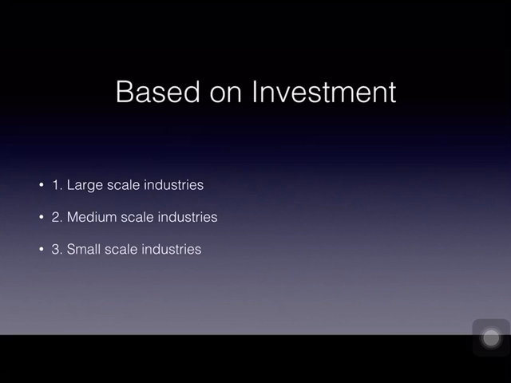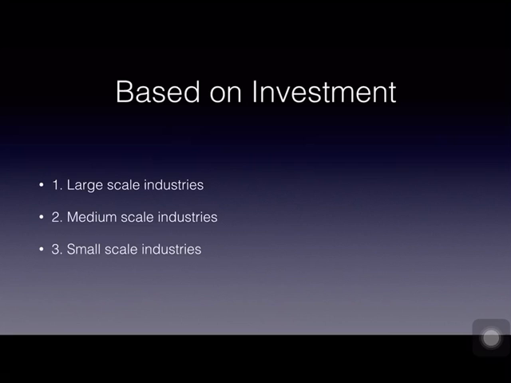And based on investment, there are three types of industries. First one is large scale industries, medium scale industries, small scale industries. Actually, the amount of investment is fixed by the government. And within that limit, if the industries invest, those are called small scale industries or medium scale industries.